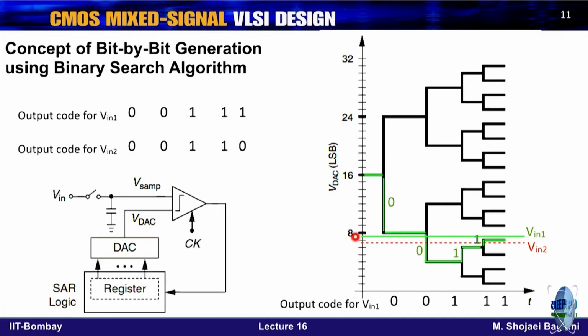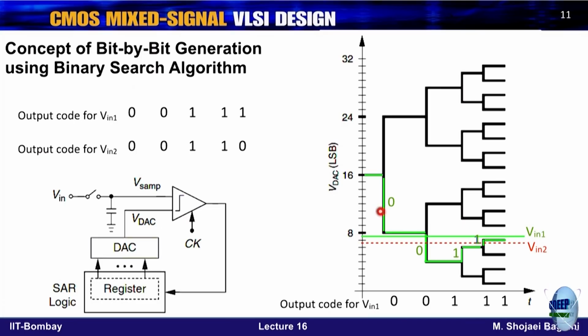So the next reference level will be 8, generated by the DAC. So the DAC first generates 16 LSB, then 8 LSB. The input is again below 8, therefore the next bit also will be 0. So the first 2 bits from the left, the MSB and the bit after MSB, are now 0.